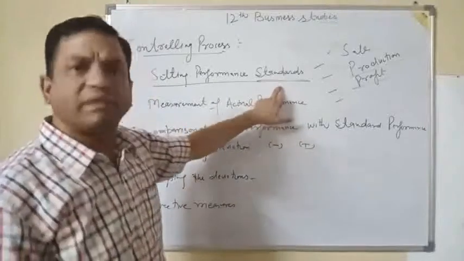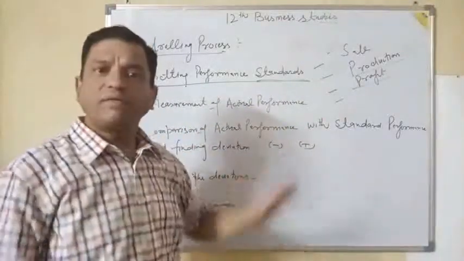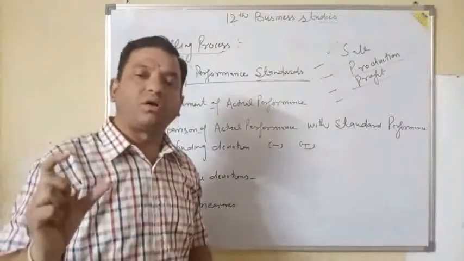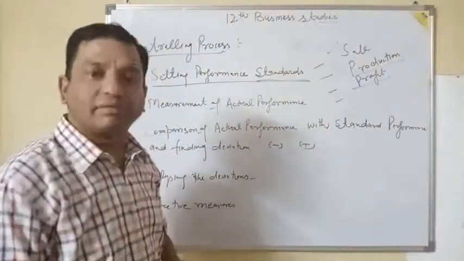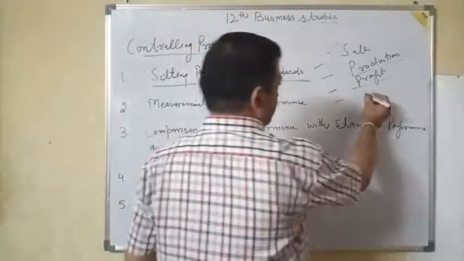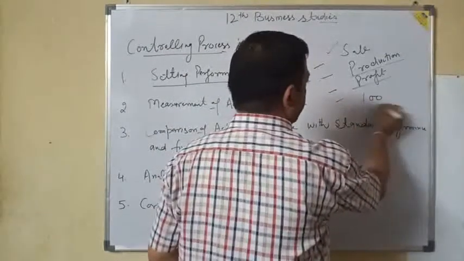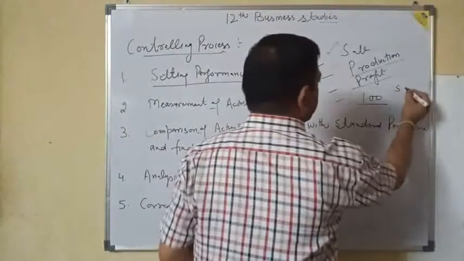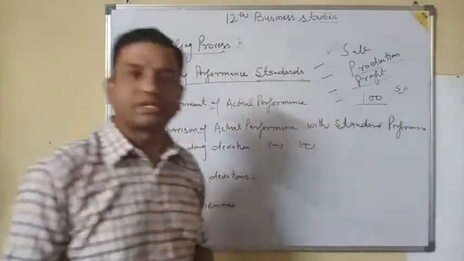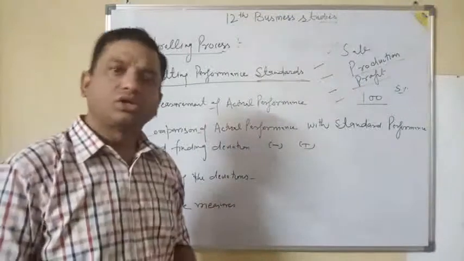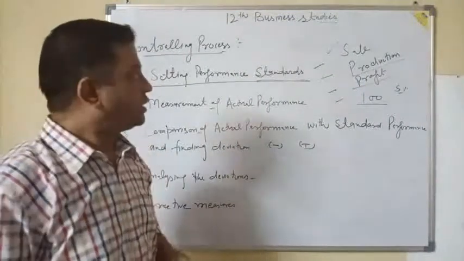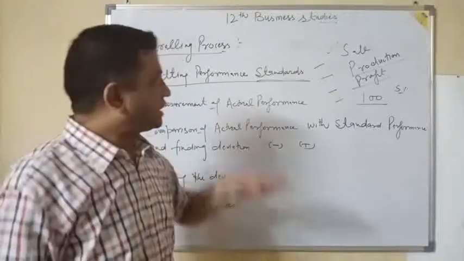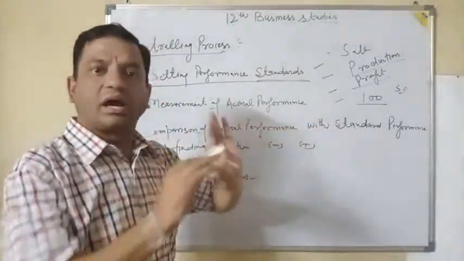The standard should be flexible, it should not be so rigid, so fixed. There should be a margin of acceptability. Like if you are producing, taking the target of 100 as a standard, then a 5% discrepancy, 5% deviation should be accepted, right? Means you should not be so rigid that 100 is 100.